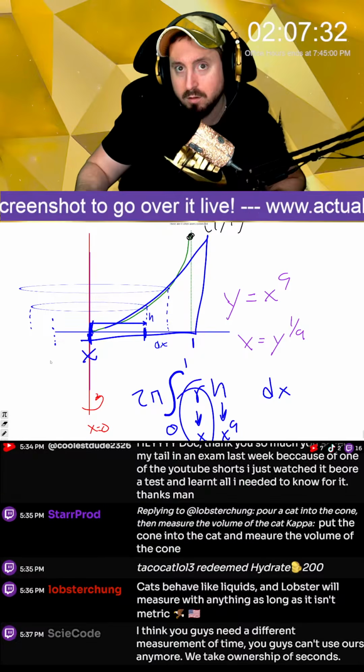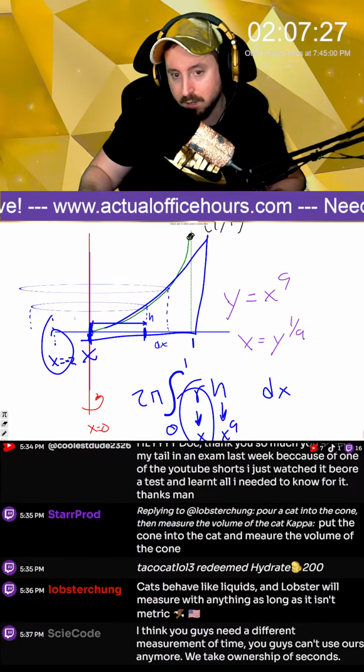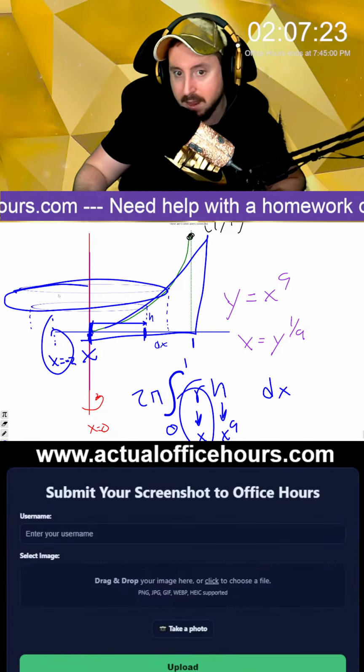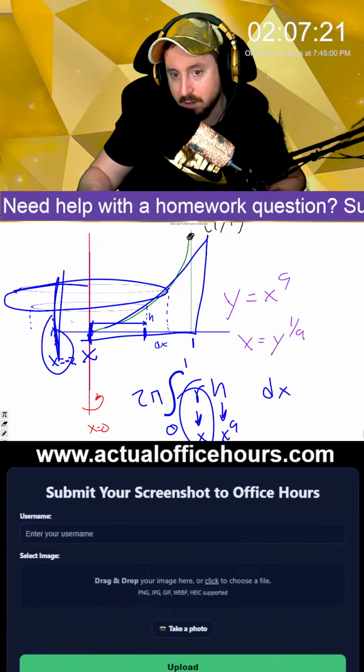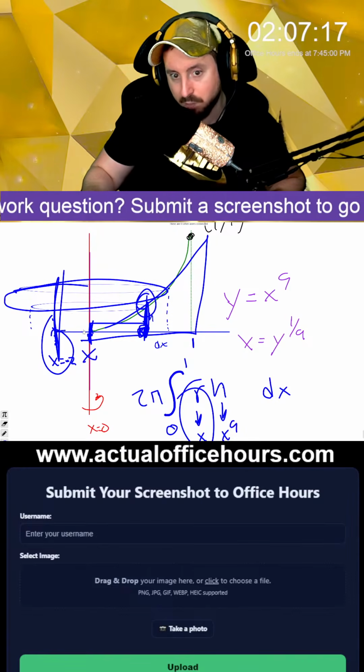No. So if this is x equals -2, and now let's say the cylinders are about this, the radius of this cylinder is whatever the x coordinate is that I'm measuring the height at, plus 2.